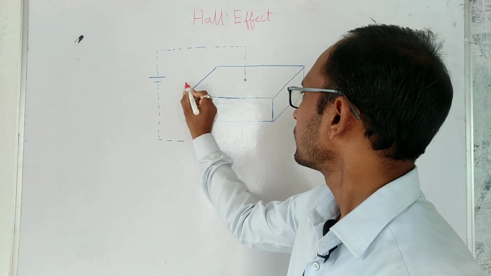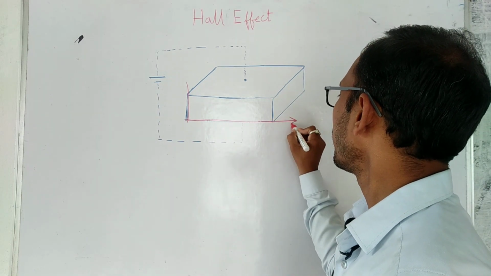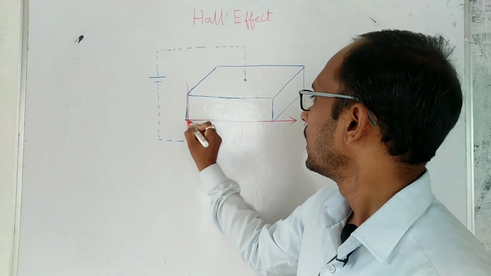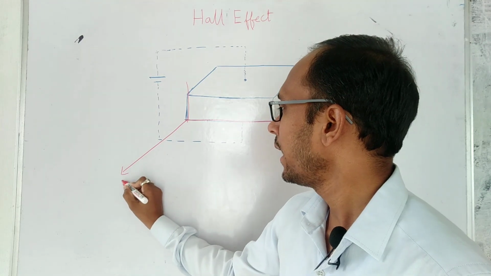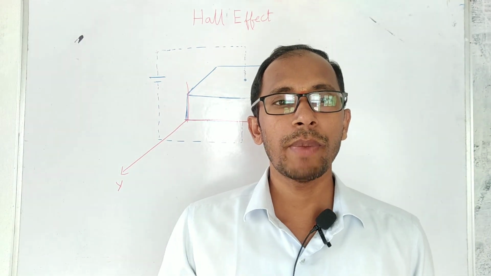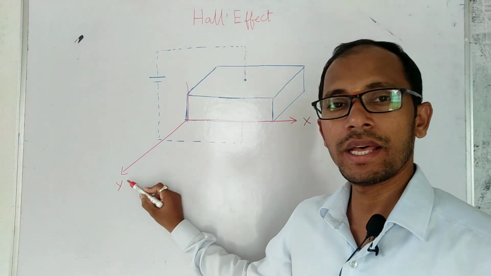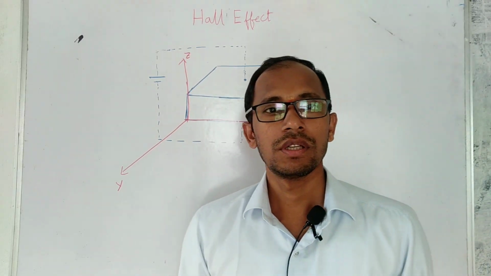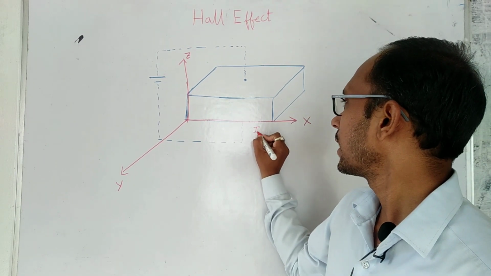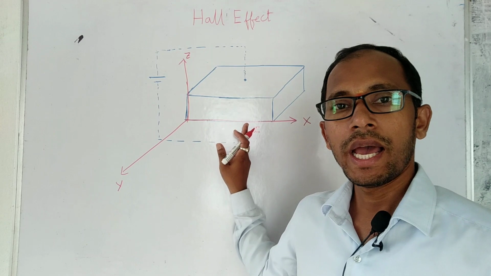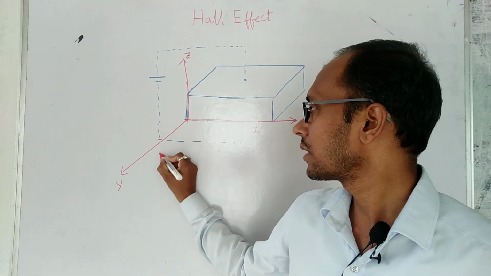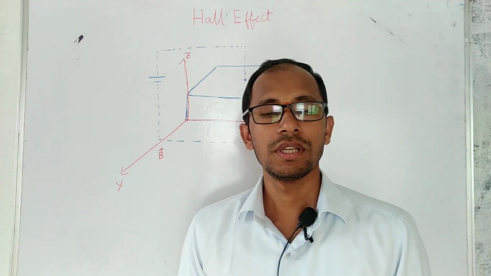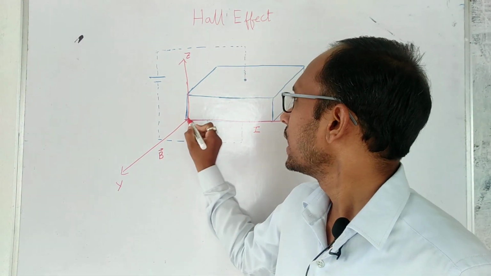If you apply a current in this direction, let's say the positive x direction, and you apply a magnetic field along the y direction, with the strength of the magnetic field being B, then the current I is flowing in this direction. Then what happens in the z direction?